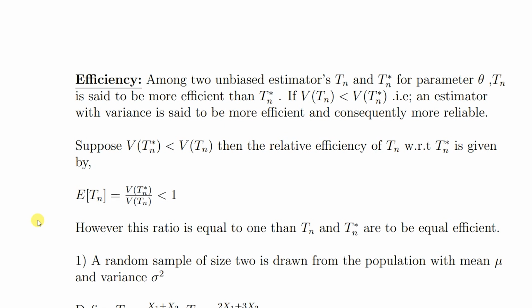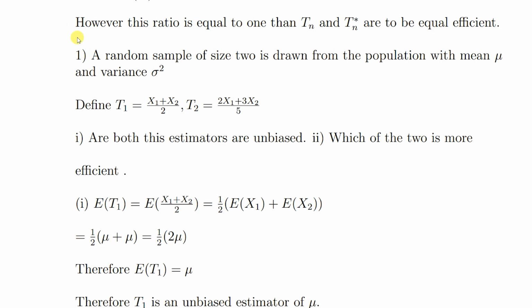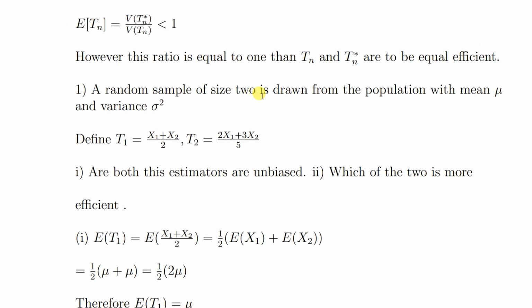Here we consider an example. A random sample of size 2 is drawn from a population with mean mu and variance sigma square.